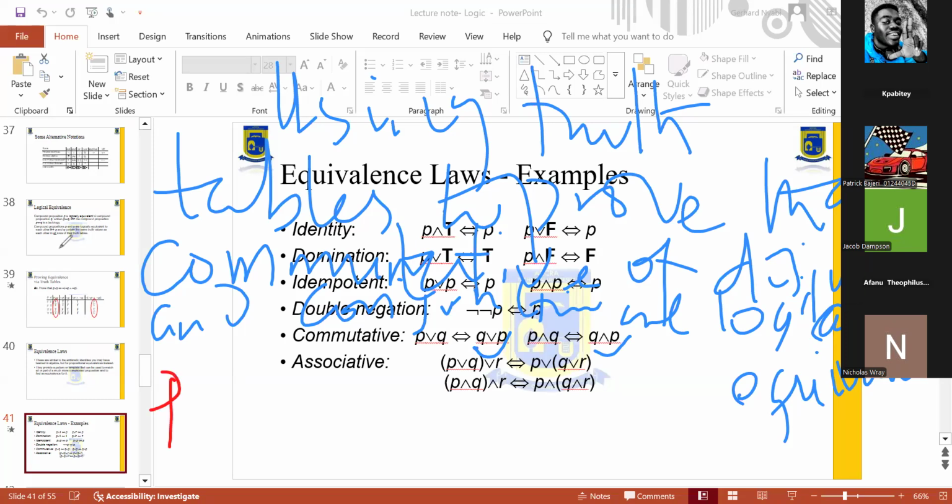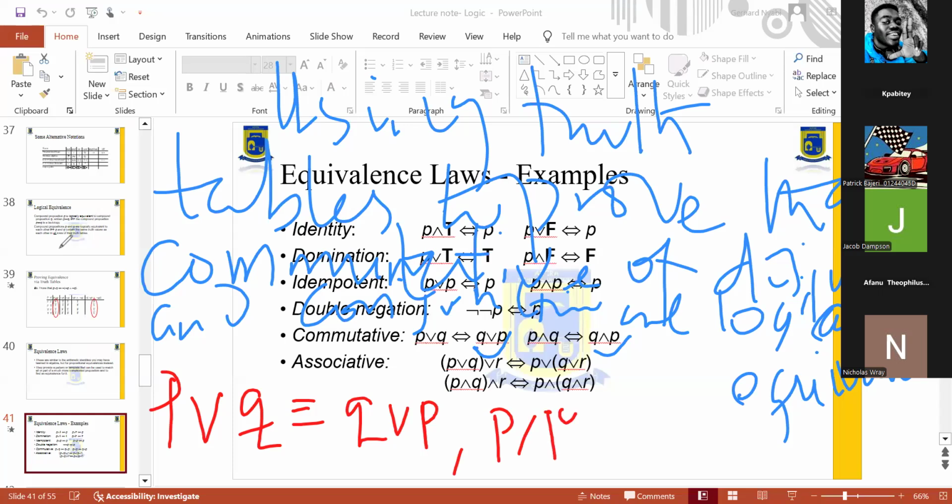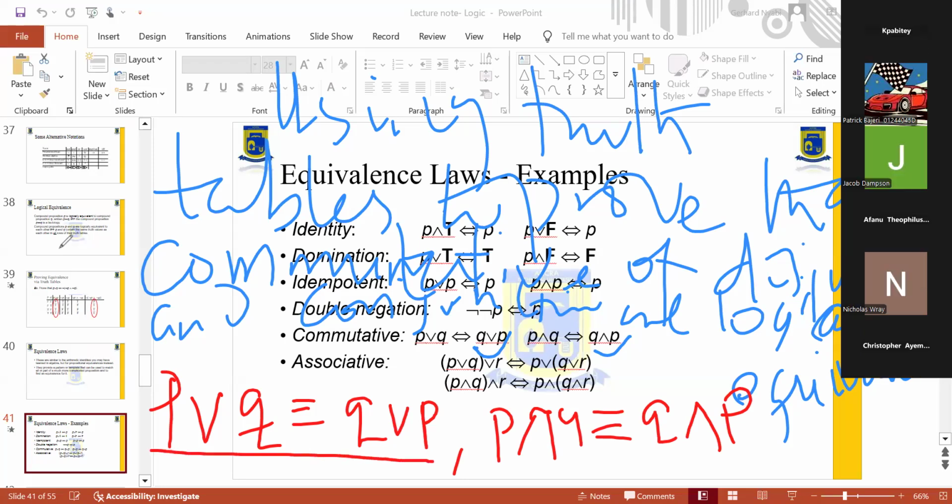We have P or Q, and we are saying that it's equivalent to Q or P. At the same time, we are saying that P and Q is equivalent to Q and P. So I am saying use truth tables to prove that the commutative of disjunction and conjunction are logically equivalent. Please, you get it now?